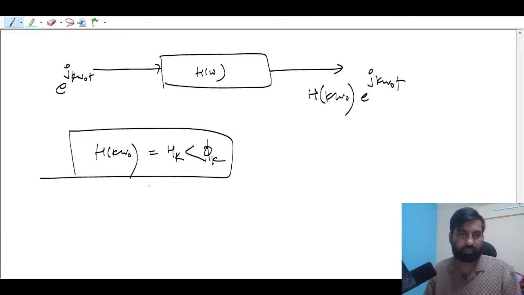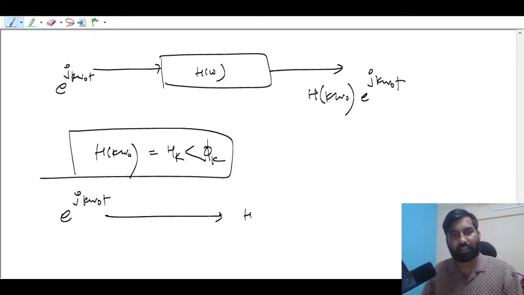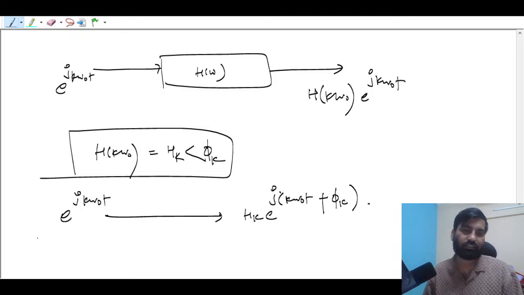So if you are giving input e raised to power j k omega naught t, it will give you the output as H_k, that is magnitude, times e raised to power j k omega naught t plus the phase, which will be added here.